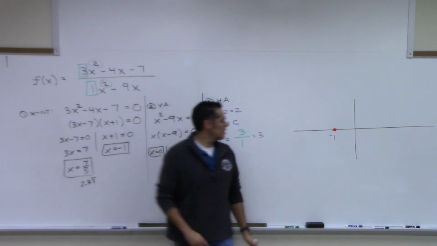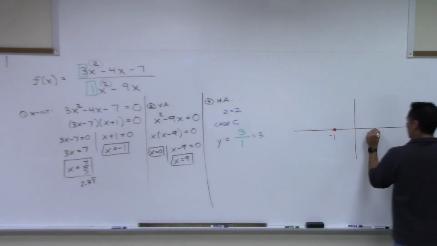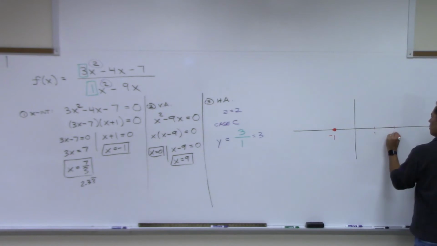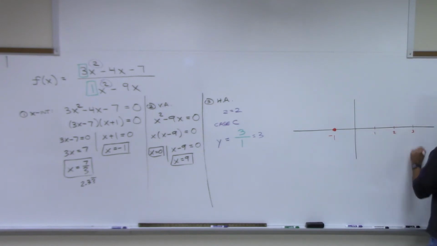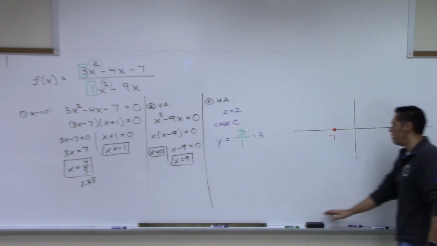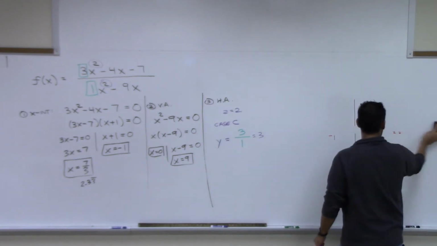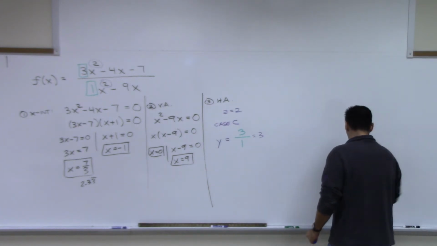I'm going to have to kind of eyeball this. If this is 1, and this is 2, and this is 3, I'm going to just approximate 2.3 here. This is 2.33. There's my other x-intercept. I just realized my graph is going to go off camera because I have to go all the way out to 9 for the vertical. So I'm going to redo this. I need to give myself a little more room to get it all on here.